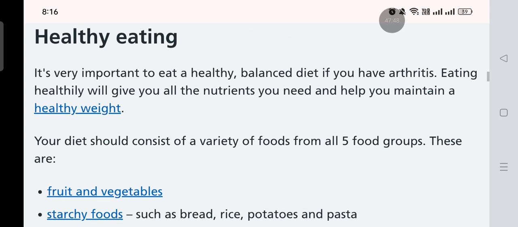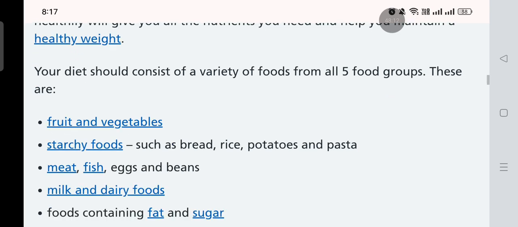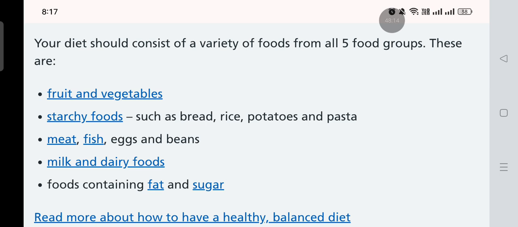Healthy eating. It's very important to eat a healthy, balanced diet if you have arthritis. Eating healthily will give you all the nutrients you need and help you maintain a healthy weight. Your diet should consist of a variety of foods from all five food groups.